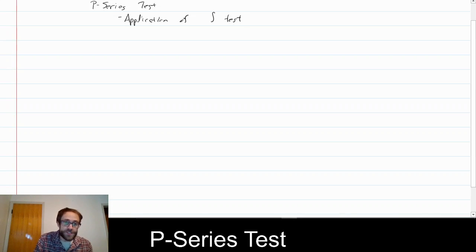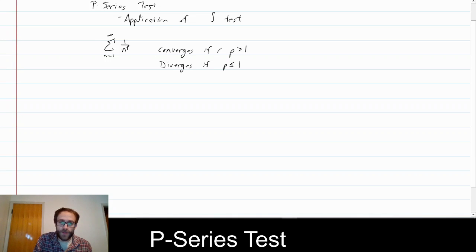And what the P-series test tells us is that the sum of 1 over n to the p, as n goes from 1 to infinity, converges if p is greater than 1, and it diverges otherwise, so if p is less than or equal to 1.